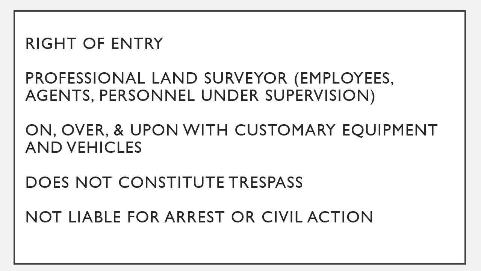This right of entry includes personnel working for the professional land surveyor and allows for taking the customary equipment and vehicles with them. Such entry is not trespass, and the professional land surveyor will not be liable to arrest or civil action for such entry.